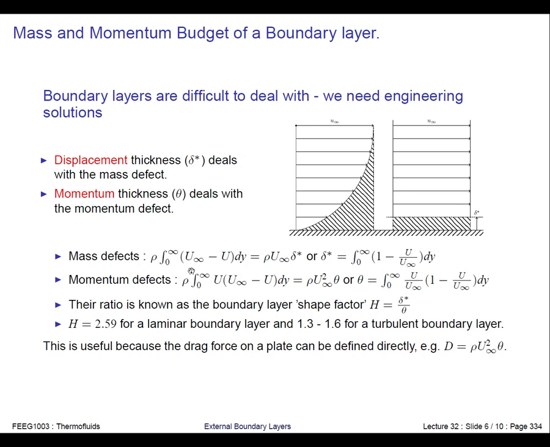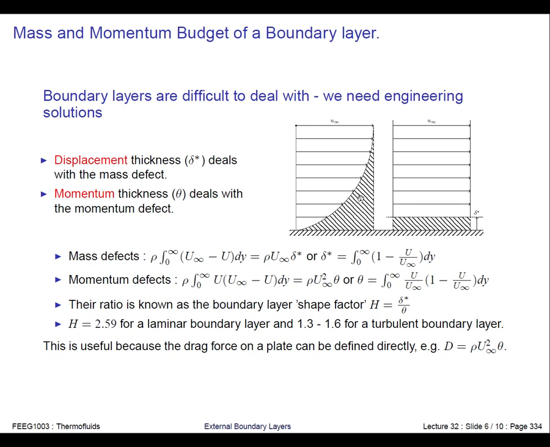What this integral says, this is the integral from y equals 0 up to y equals infinity of u infinity minus u. So u infinity is the free stream velocity, and this u here is the velocity at any point y.